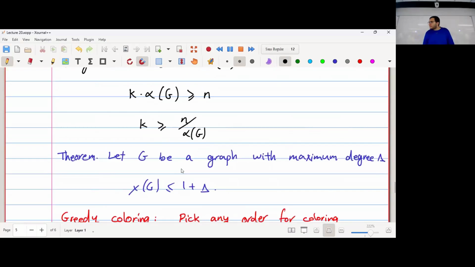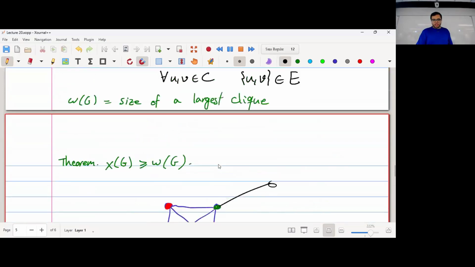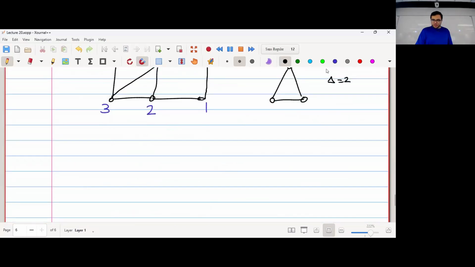So I cannot find an algorithm that gives me a result better than delta plus 1 because I know graphs where I cannot do better than delta plus 1. But maybe I can have a more complicated formula, like why should this only depend on delta? I've already seen here that it can depend on alpha or omega or so on. So let's just look at more parameters.